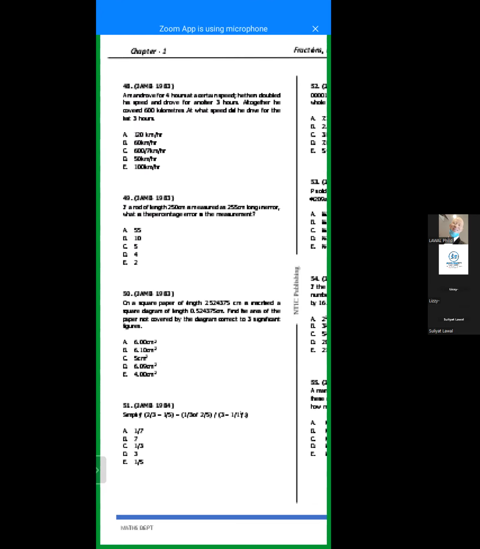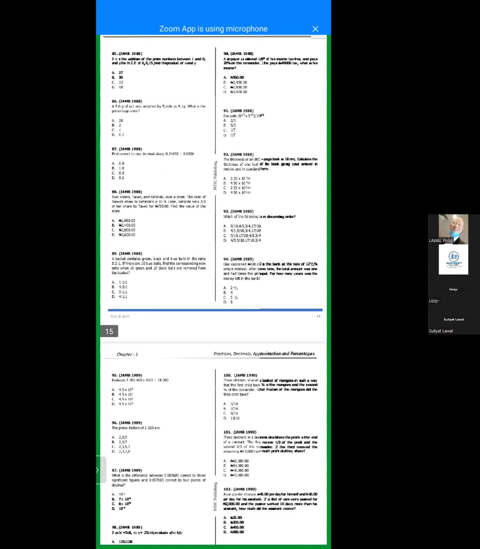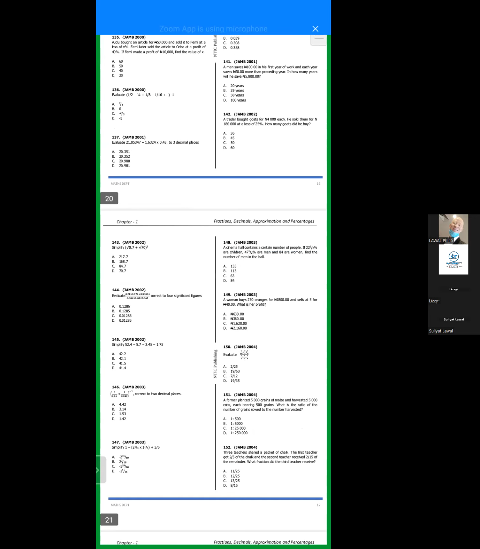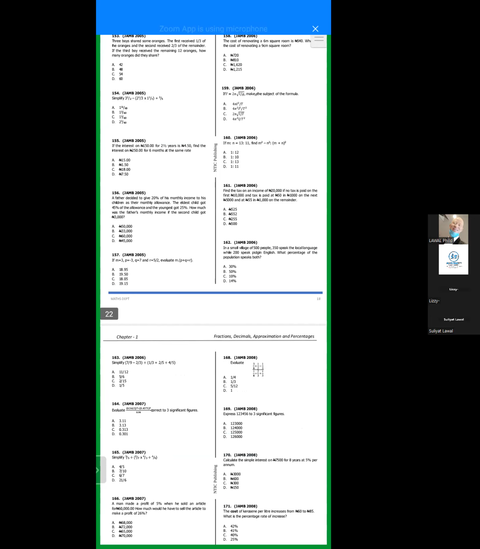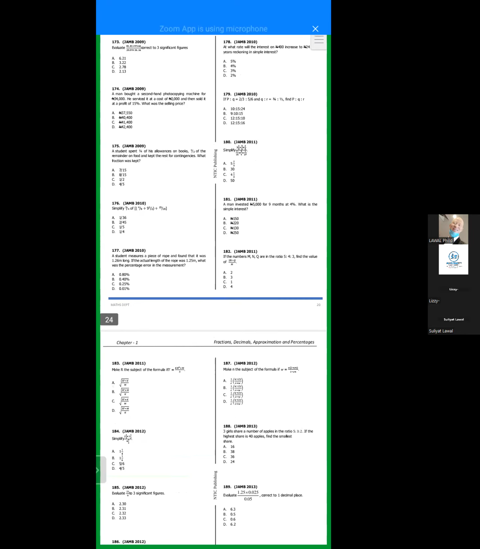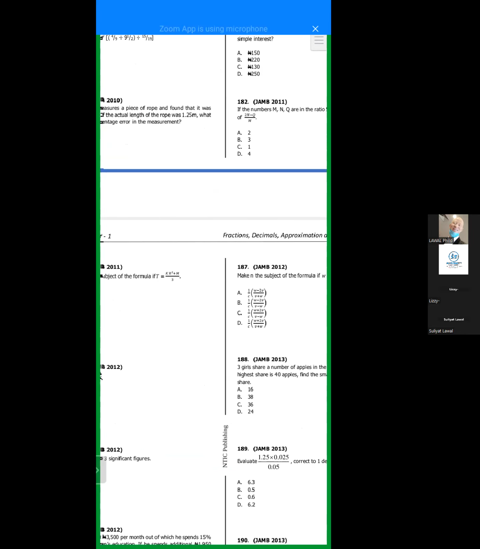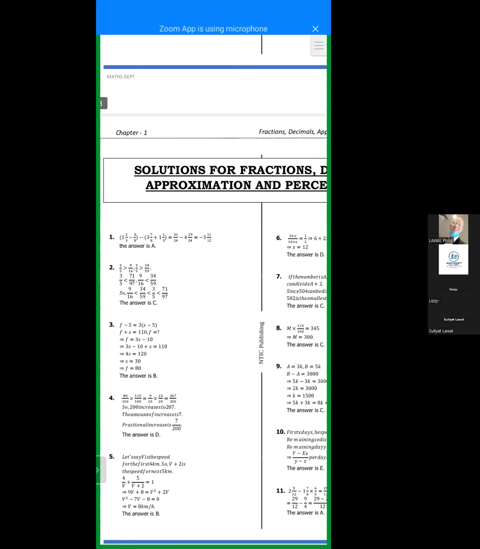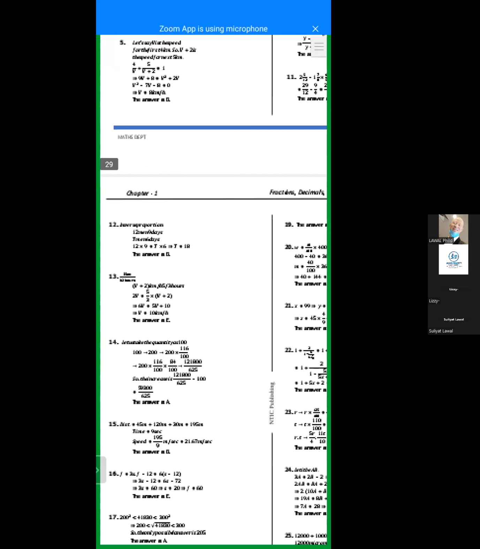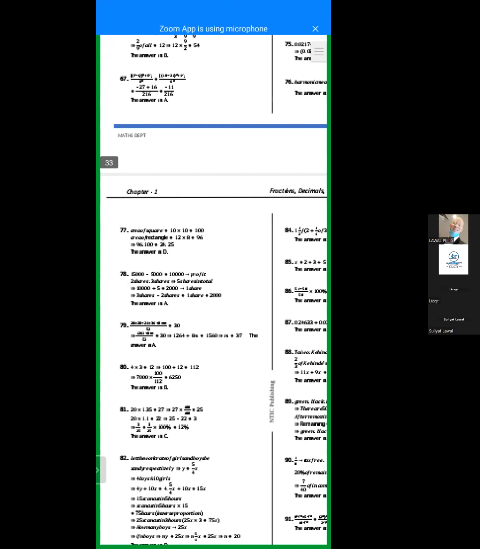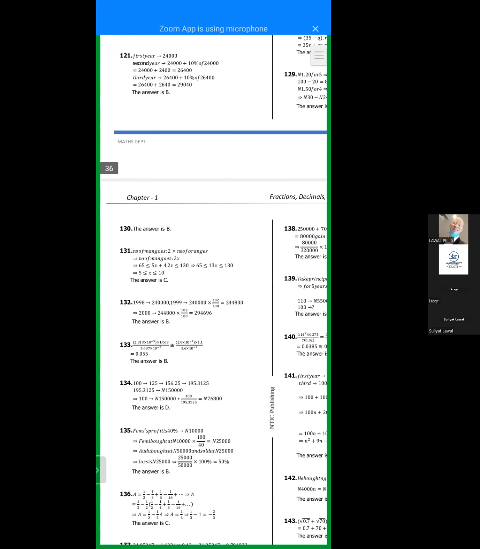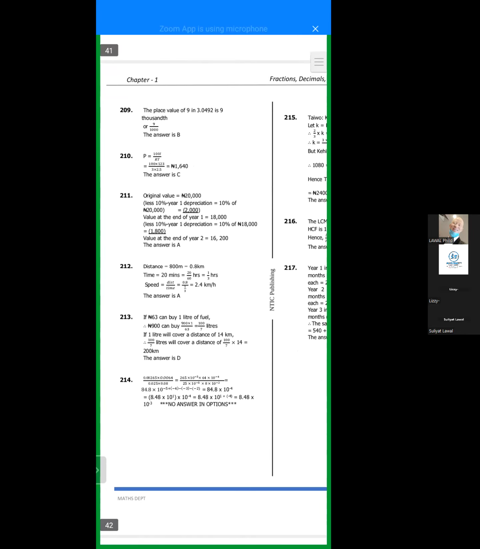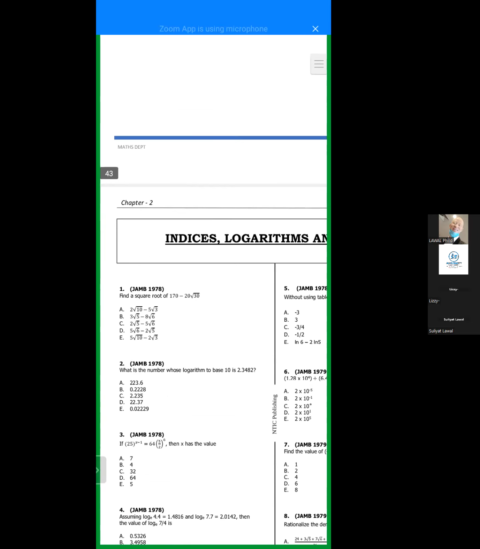And I'm just going to go to chapter 2 where we have binary operations. These ones are normal fraction, decimals, and all of that. These are solutions for this. I'm interested in chapter 2. This is indices and so on.